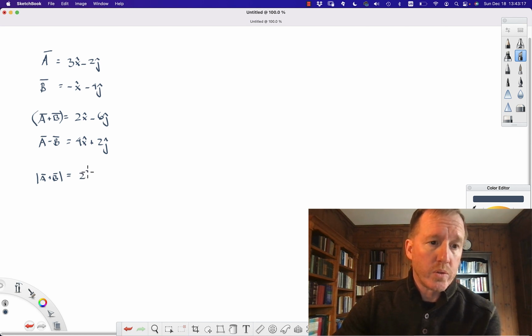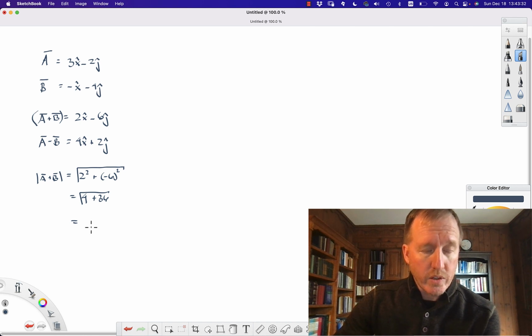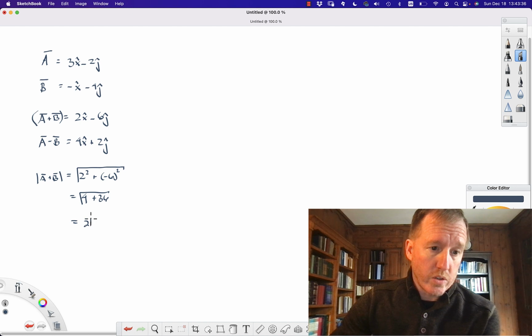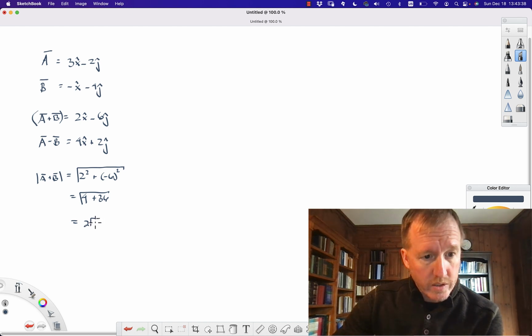So it's the square root of 2 squared plus -6 squared. And when we do that, the length is going to be the square root of 4 plus 36, or the square root of 40. And the square root of 40 is the square root of 4 times the square root of 10, or 2 root 10.